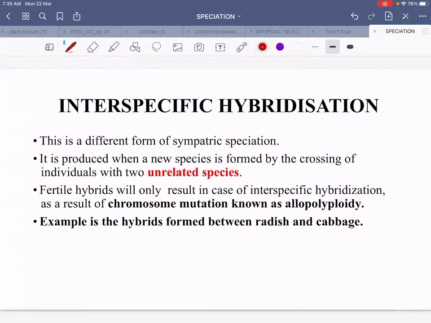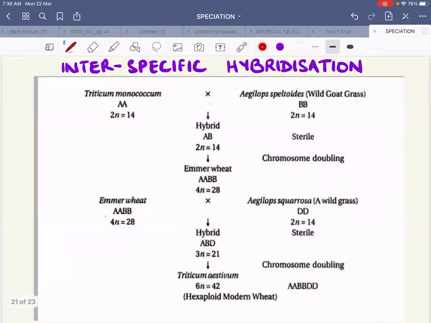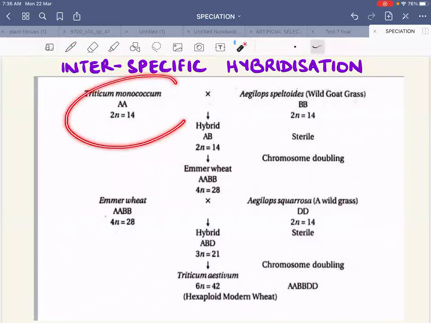Interspecific is the same thing we did just now with allopolyploidy, right? I was teaching you polyploidy. I told you that there is auto and also allo. And when I was teaching you allopolyploidy, I gave you this example. Okay, allo means one species and another different species.